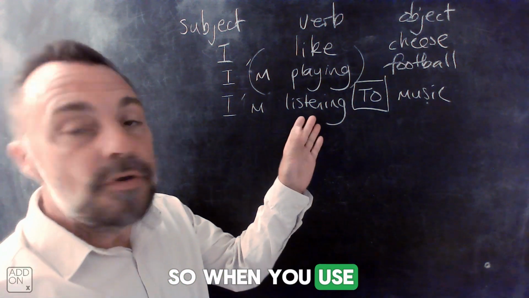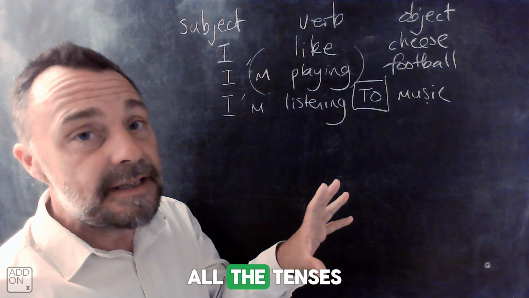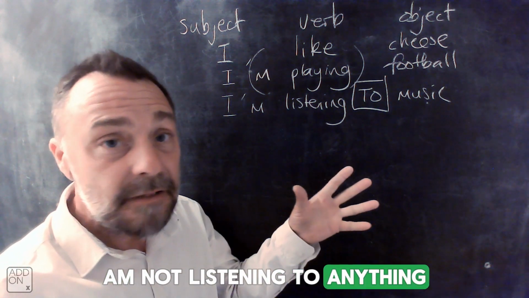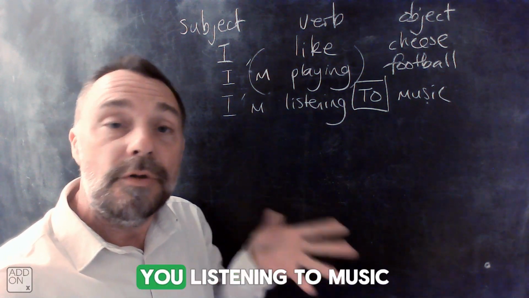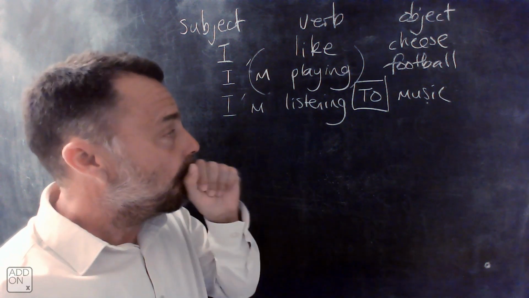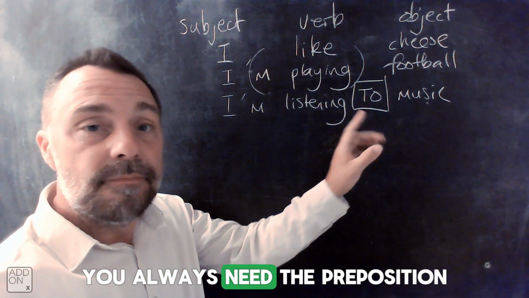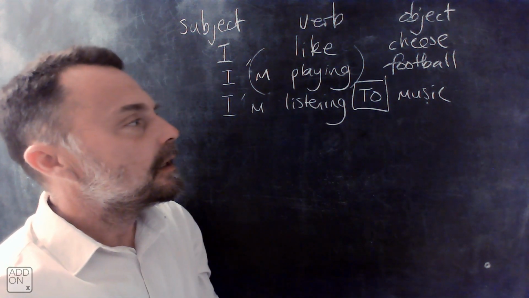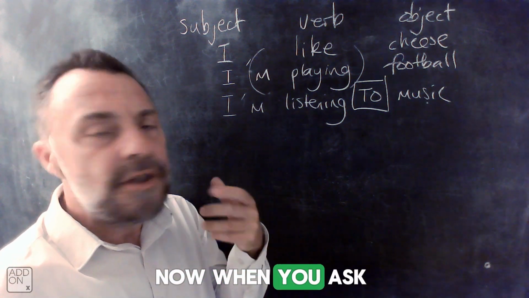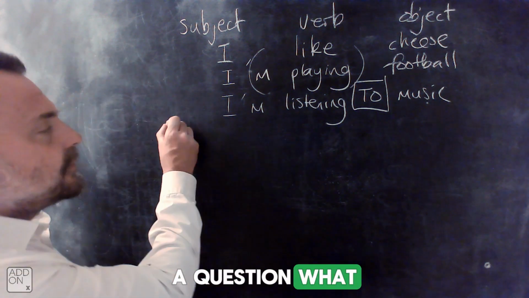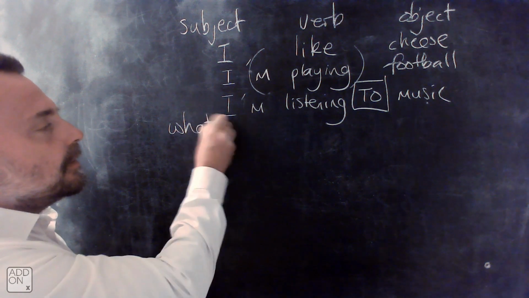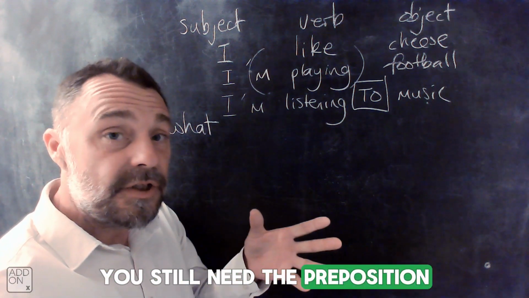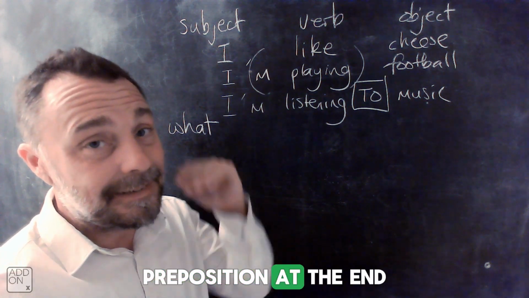So when you use the verb listening in all the tenses, in the negative, I'm not listening to anything. In a question, are you listening to music? You always need the verb plus the preposition. Now, when you ask a question with what, you still need the preposition, and we put the preposition at the end.